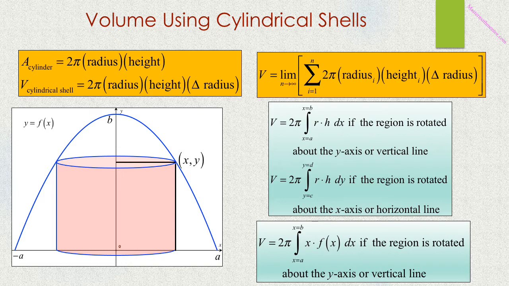So we use the top formula, V equals 2 pi the integral from x equals a to x equals b of x f of x dx, if the region is rotated about the y-axis or a vertical line. Meaning that if we are rotating about the y-axis, we can keep everything in terms of x.